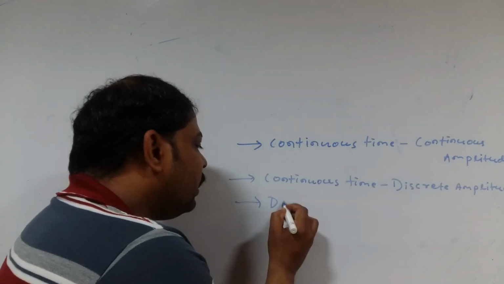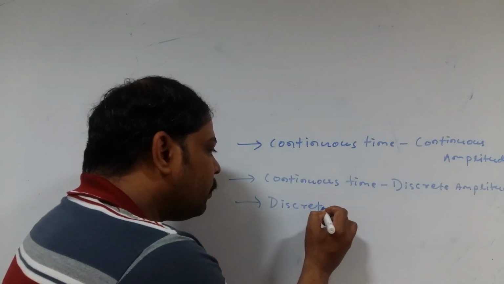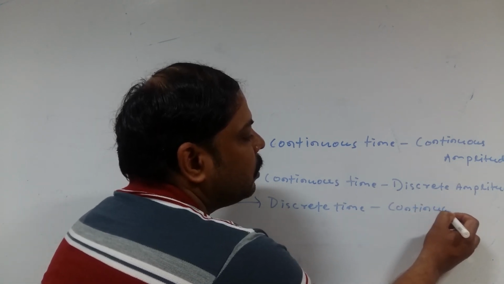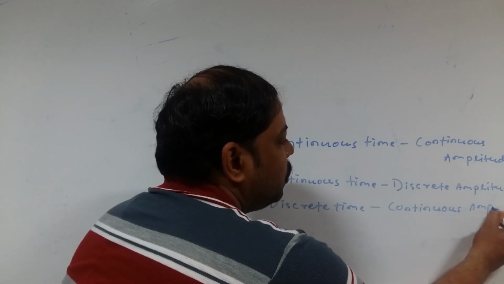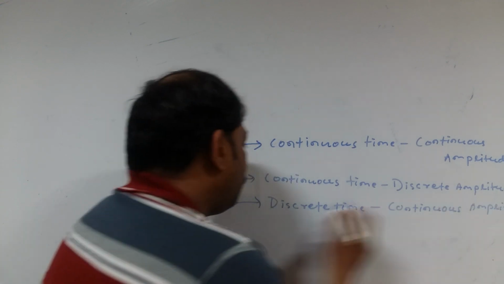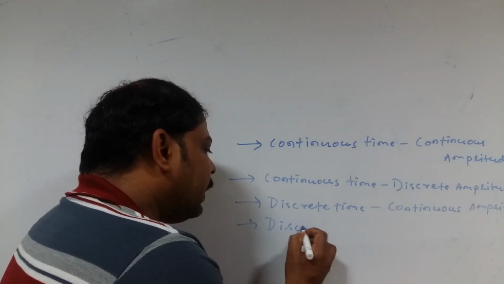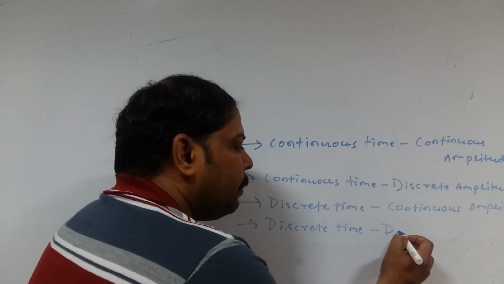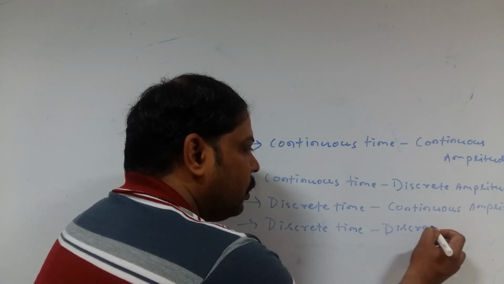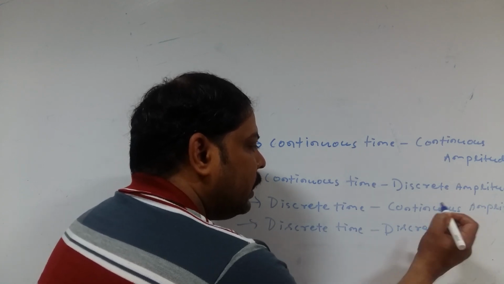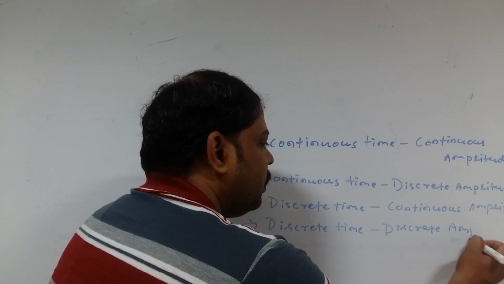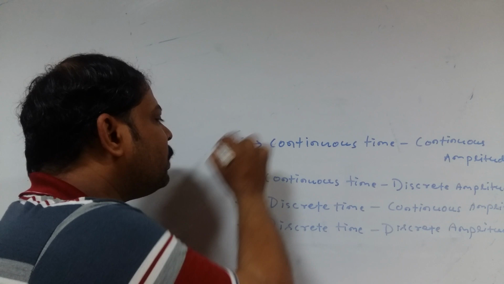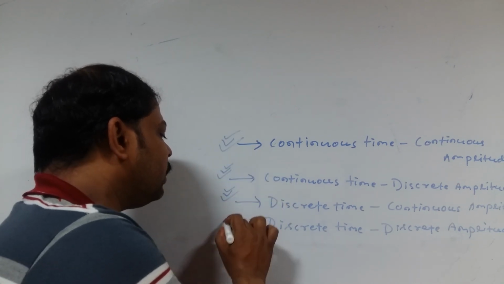Third is discrete time, continuous amplitude. Fourth one is discrete time, then discrete amplitude. Now let me discuss first this one, then this one, then this one, then this one.